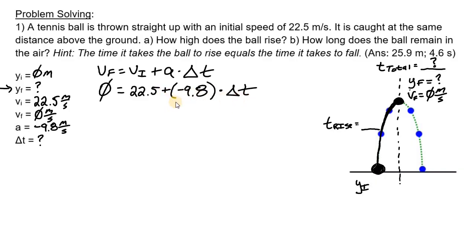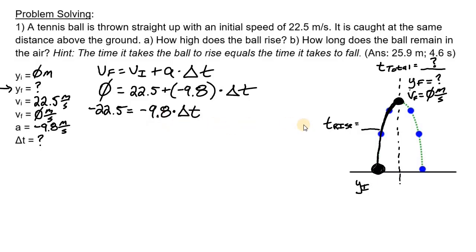So this term over here, we're going to leave alone for now. Let's get rid of our positive 22.5. How do you go about doing that? Let's subtract 22.5 from both sides of the equation. And we're left with our negative 9.8 times delta T. Okay, so once again, we're isolating our delta T. So we have a multiplication of negative 9.8. How do you get rid of a multiplication of negative 9.8?